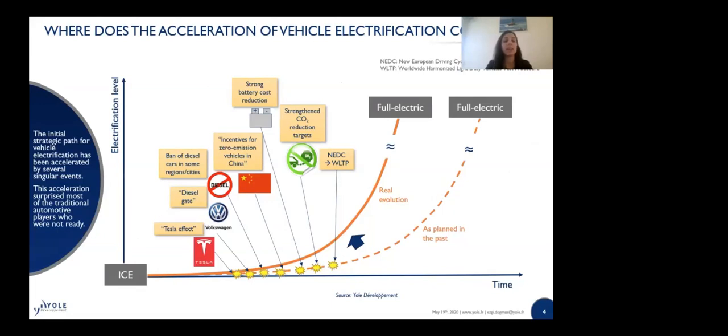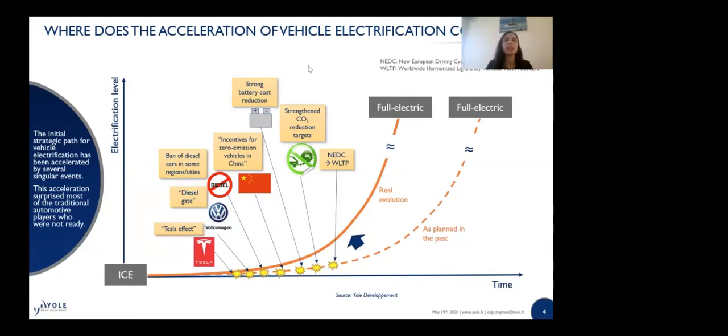We have the Tesla effect and Dieselgate. Also many governments have strengthened their carbon dioxide reduction targets. And there are also incentives for zero emission vehicles, such as in China, which really boosted the development and also adoption of these electric and hybrid electric vehicles.